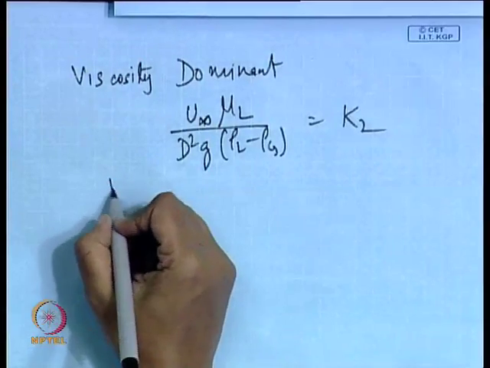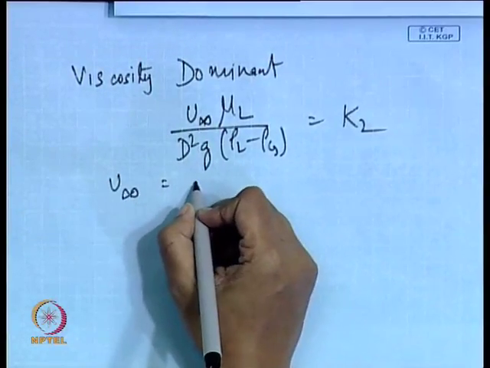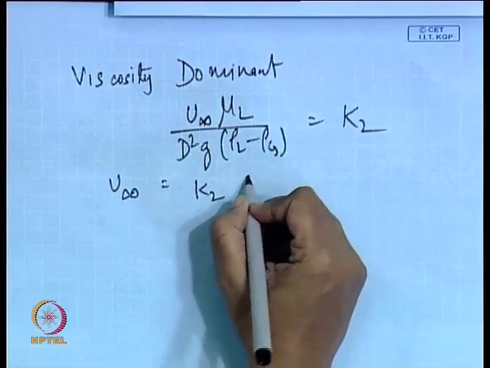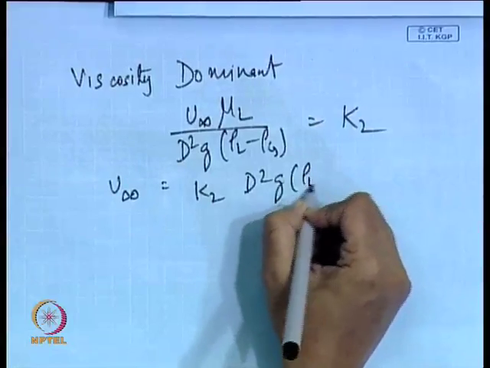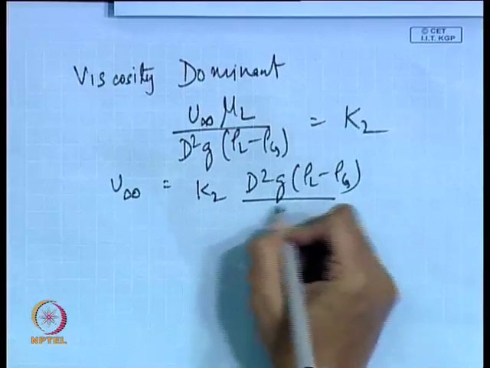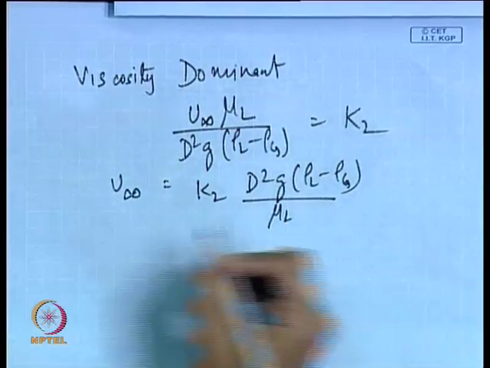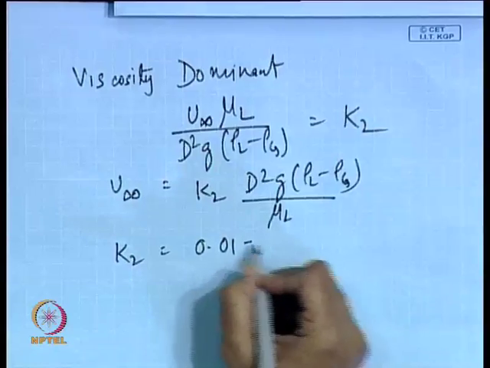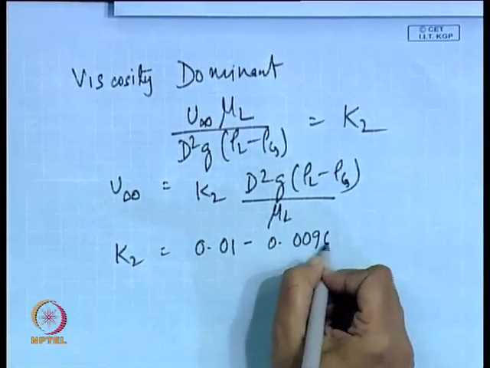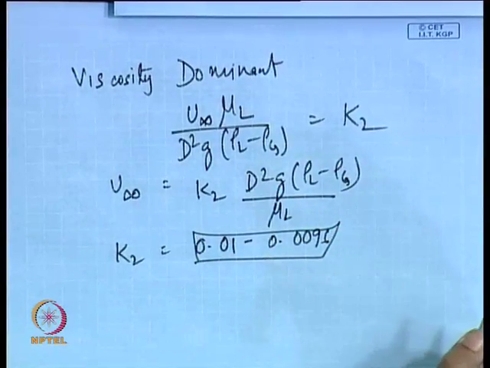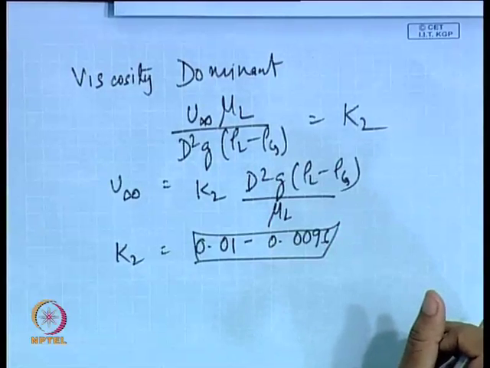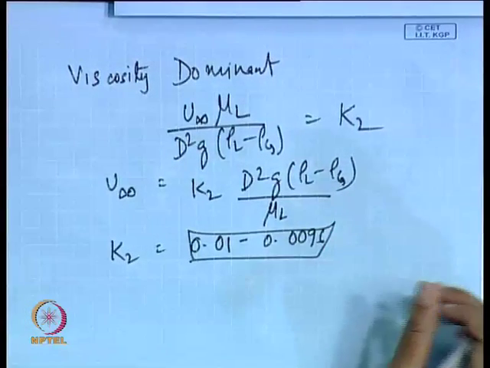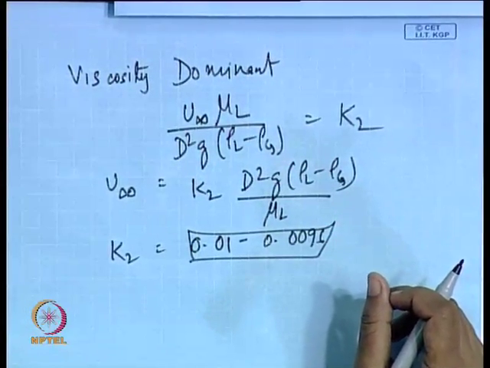In other words, for such situations u infinity can be obtained from K2 d square g (rho L minus rho g) by mu L. This K2 value is almost equal to 0.01, or maybe say 0.0096, correct. And when surface tension is important, what happens, can you tell me?